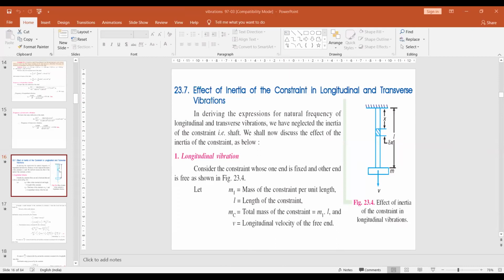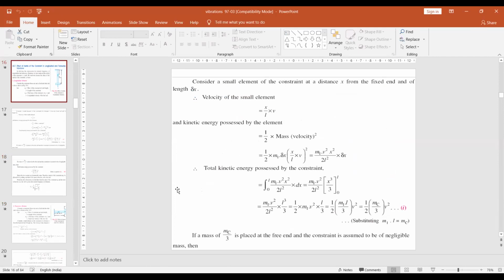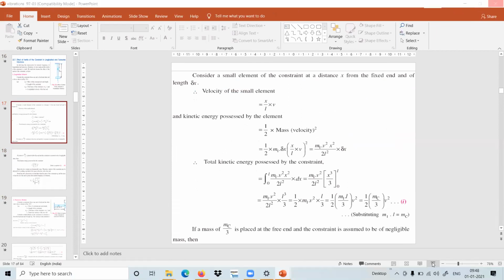Longitudinal vibration, effect of inertia of the constraint for longitudinal vibration. Consider a small element of the constraint at a distance x from the fixed end, and its length is delta x.